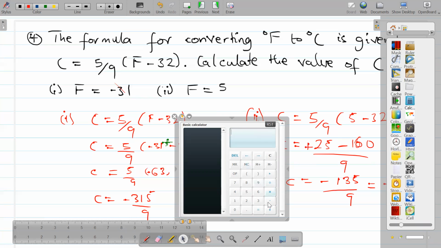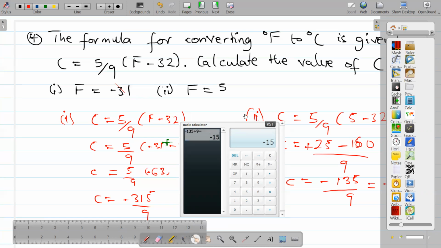So it's what? Negative 135 divided by 9. You still get minus 15. Minus 15, okay. So it is still right. Yes.